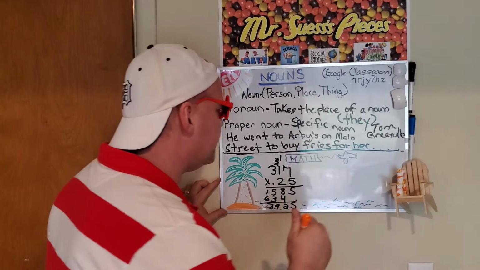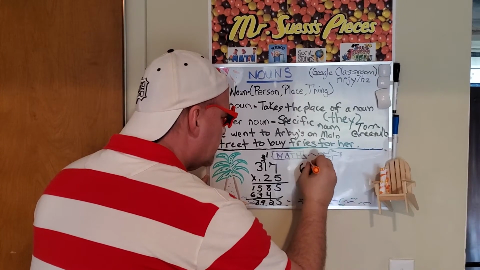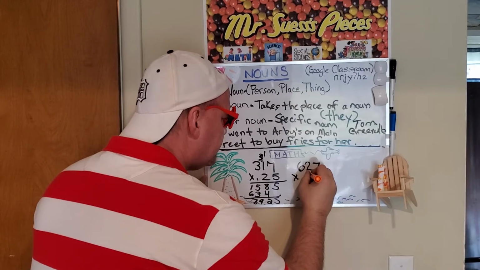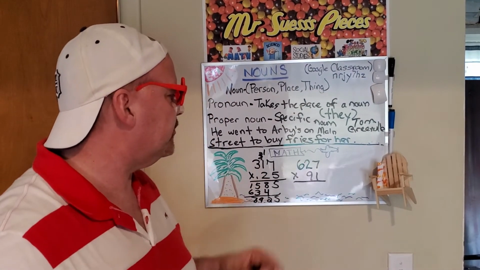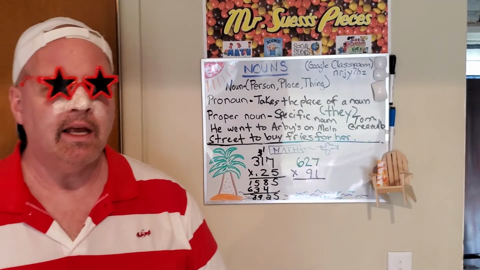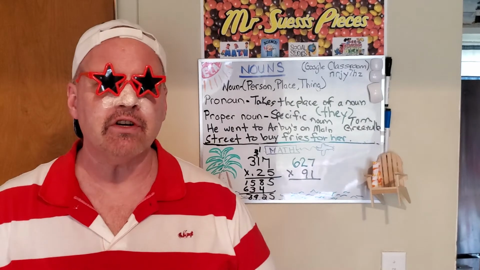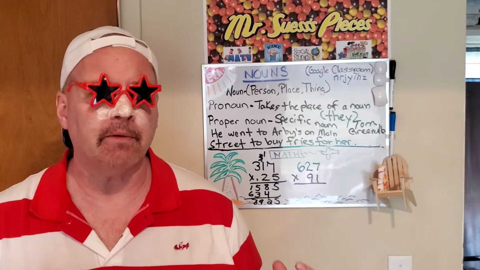Okay, so here is your next problem to do. 627 times 91. I think you guys got this. You can do this. Again, go ahead and put your answer below.